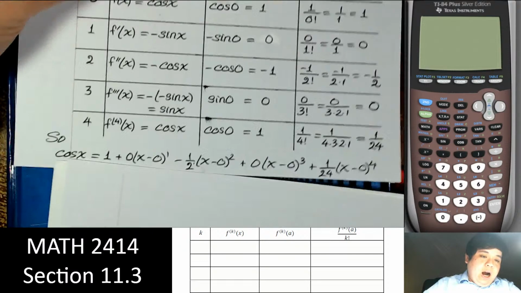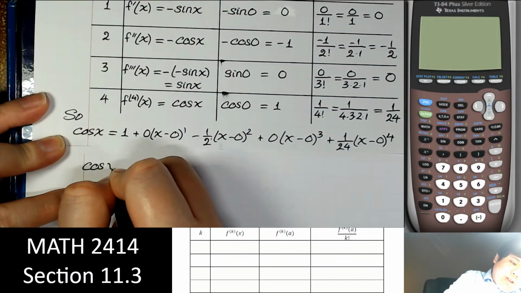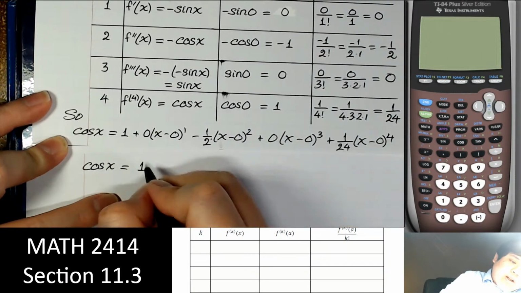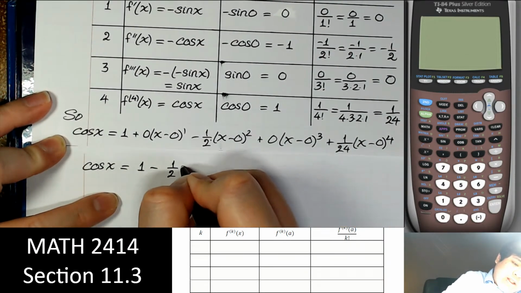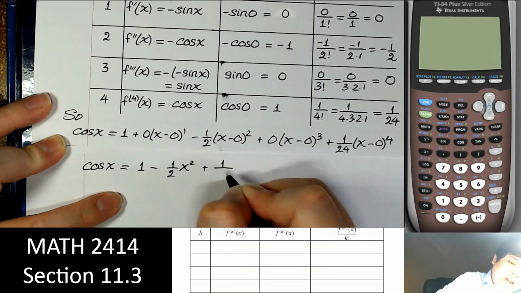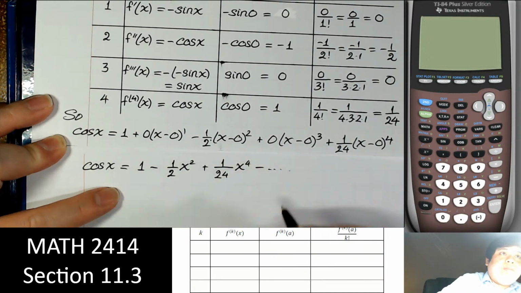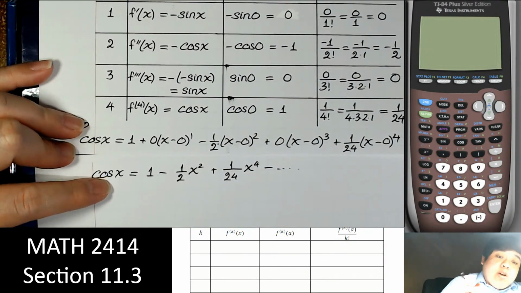Which is equal to 1 minus 1/2 x squared plus 1 over 24 x to the fourth, and then minus. But now let's go back.